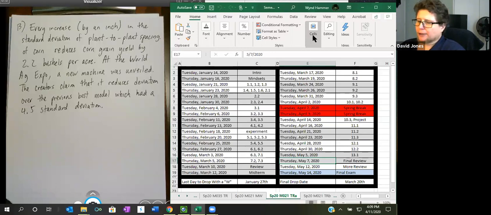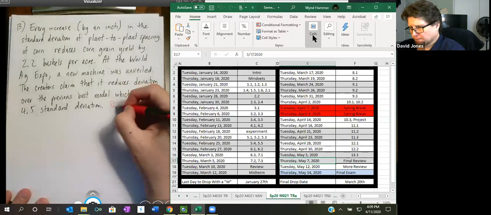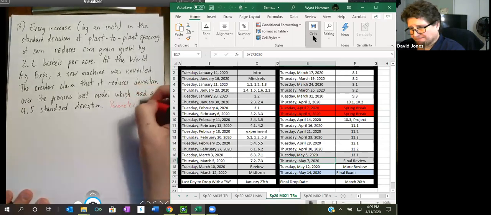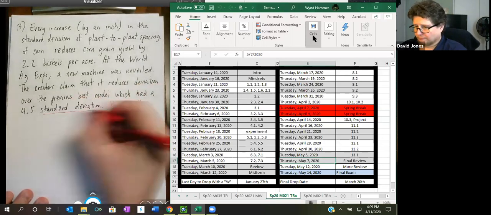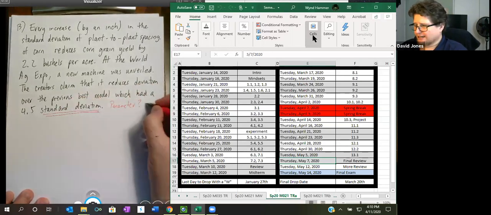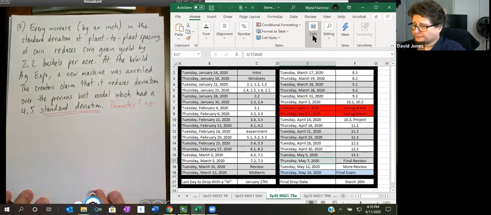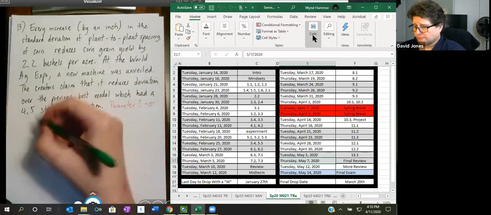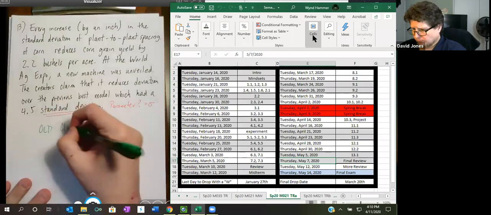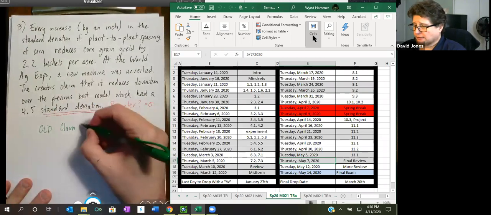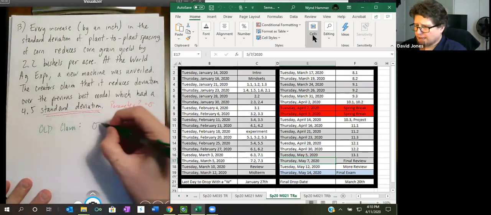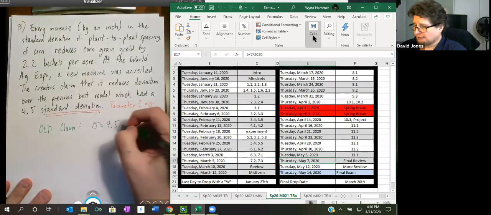So what's our parameter here? Standard deviation, sigma. So our old claim was the previous settings. Sigma equaled 4.5 inches.